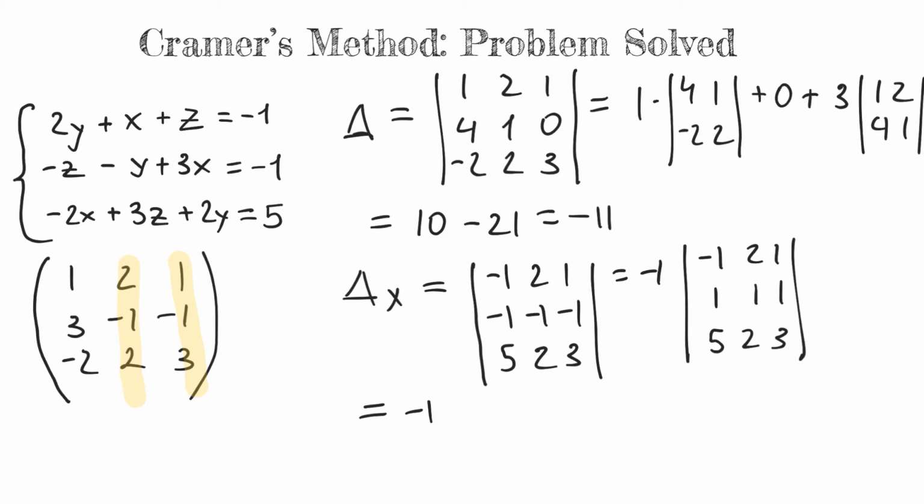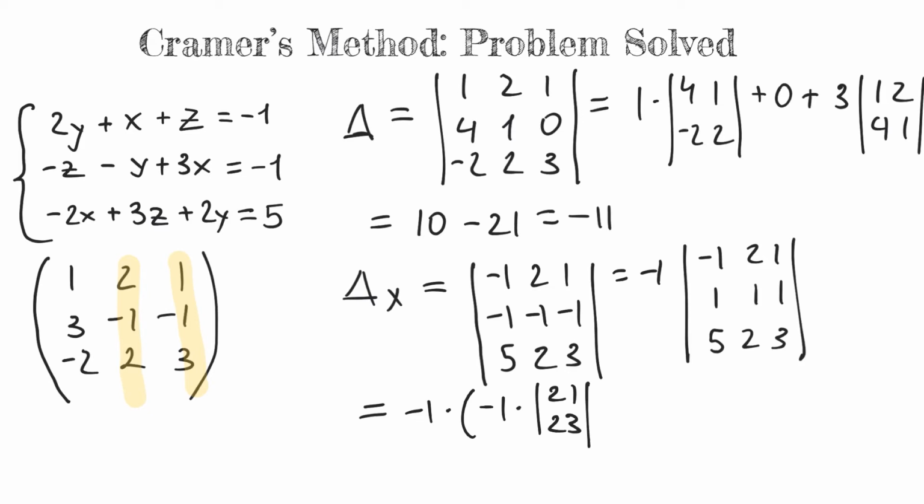So it's -1 that we factored out, multiplied by our determinant that starts with -1, multiplied by the determinant of the second order, or the coefficient of this term, 2, 1, 2, 3.